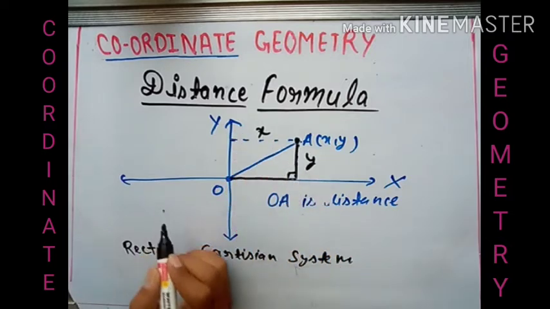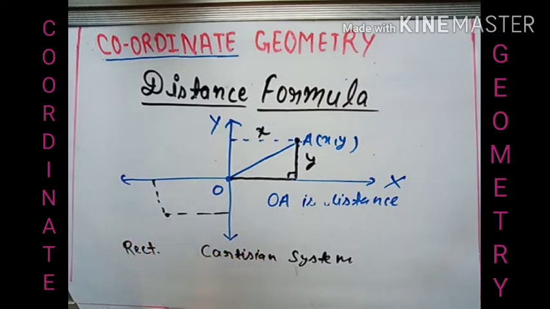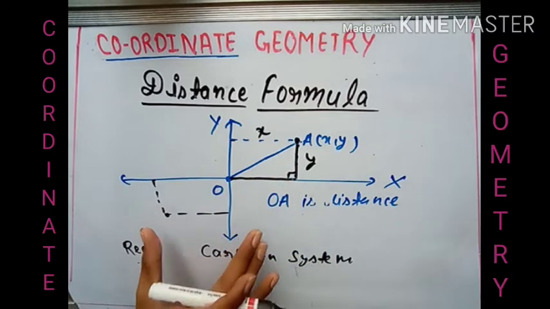Again, suppose for this point you are going to draw, look, this is also a rectangle. So every time there is generally a formation of a rectangle. Sometimes if a square is made, then you start calling it a square Cartesian system, but this is not true. The reason being, most of the time you are getting a rectangle.